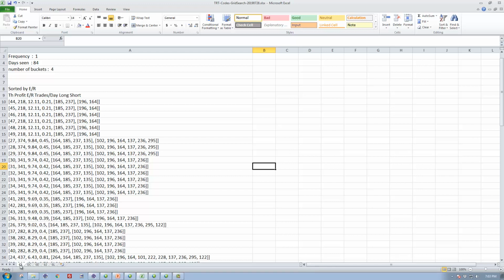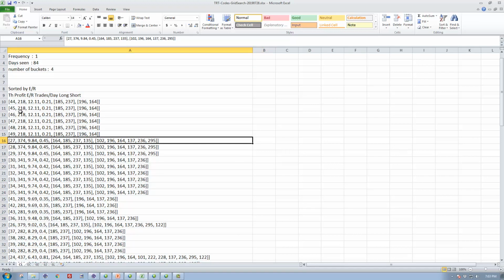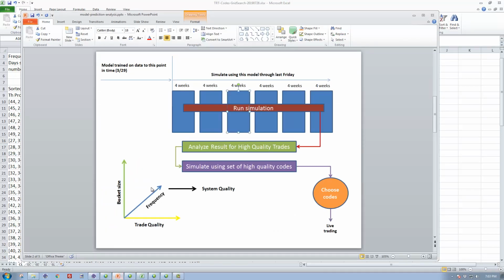All right, so we're looking at CL here, and the way that this column is formatted is it shows the results of these different sets of codes using different criteria for the quality of the trade. So let's go back to here for a moment. This thing here, trade quality, I adjust.